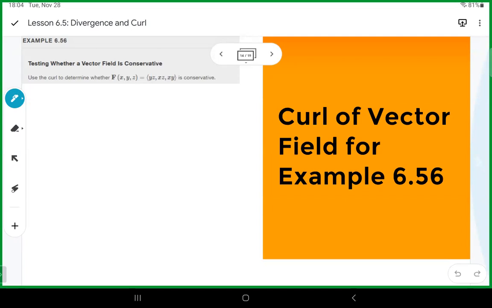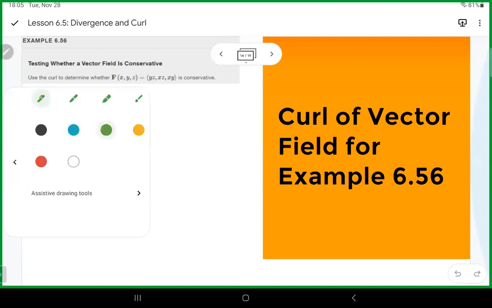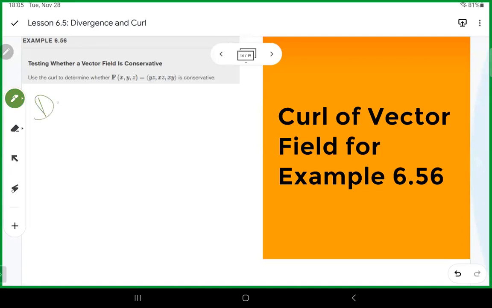Testing whether a vector field is conservative. Use the curl to determine whether the function is conservative. All right. So here's what we need to note. Again, we're in 3 space.